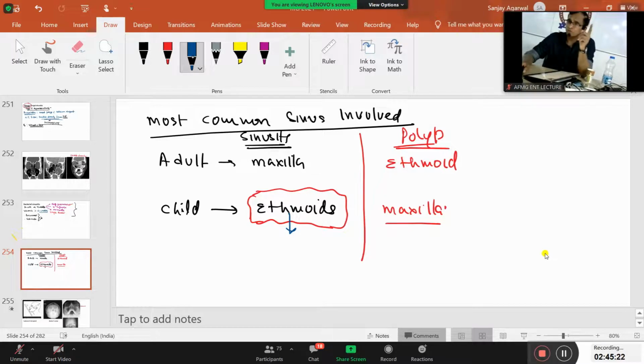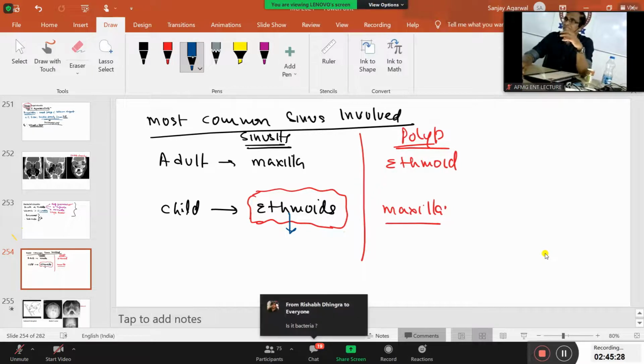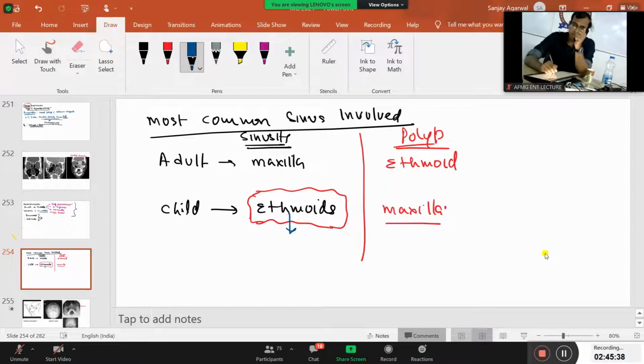Maxilla. Maxilla is the first to start and first to complete. So throughout your life, maxilla is a well-developed sinus because it started first. But between the start and the finish, the ethmoid begins to run faster, and it catches up with the maxilla and becomes more developed than the maxilla also.